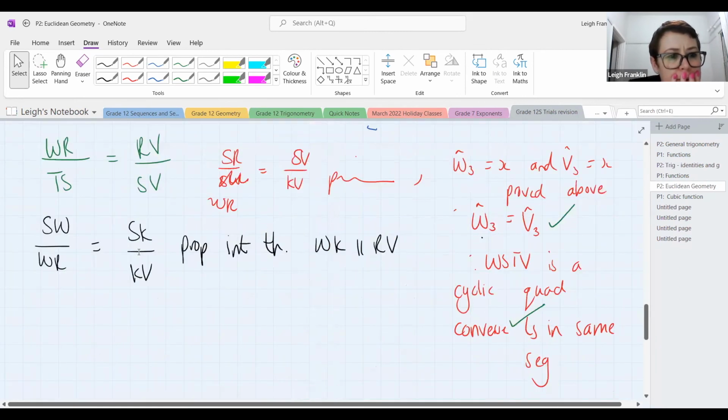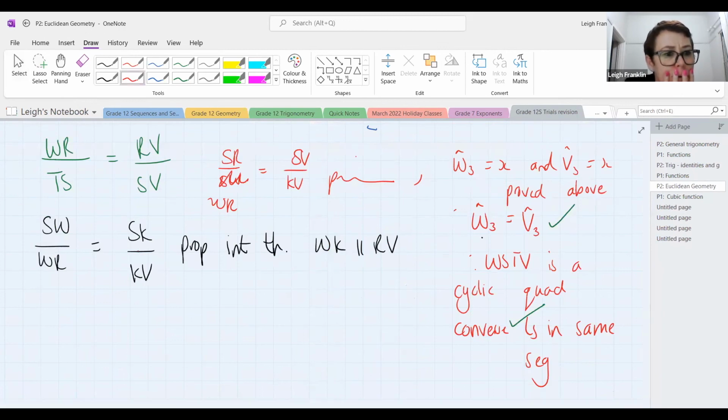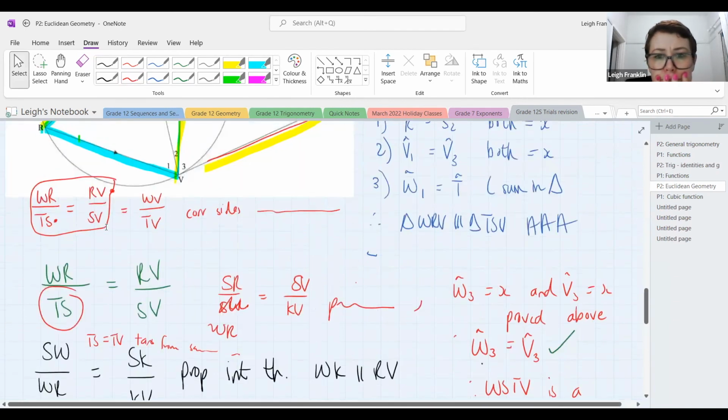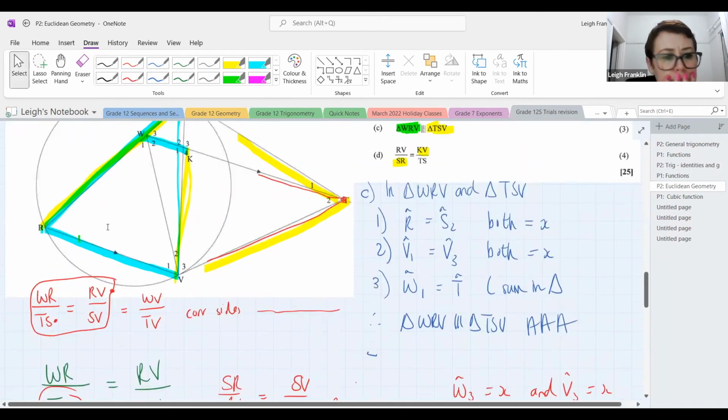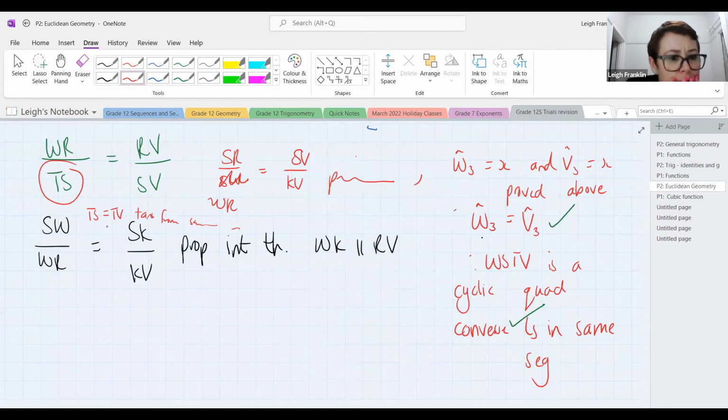TS is the same as TV. The other thing that we've got to bear in mind is that TS equals TV because they were tangents from the same point. So that means we've got WR over TV equals RV over SV.